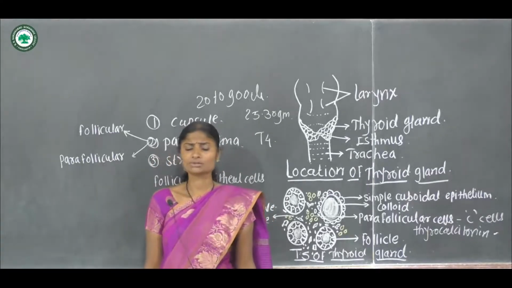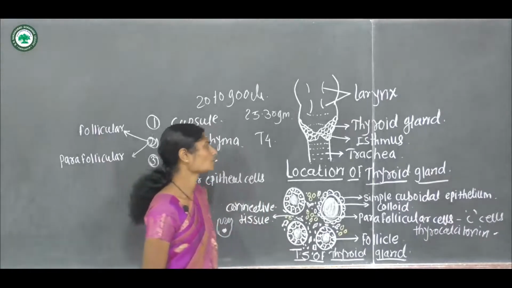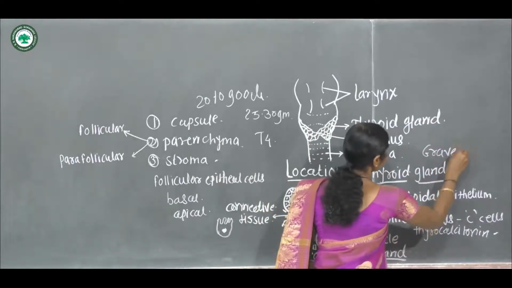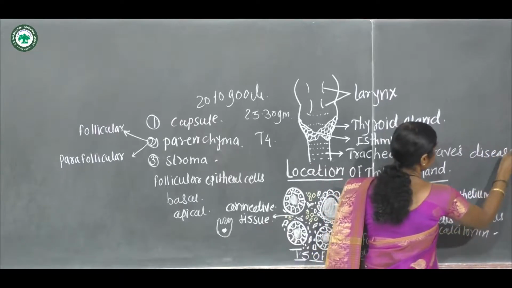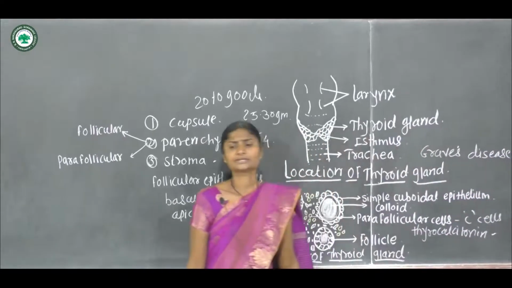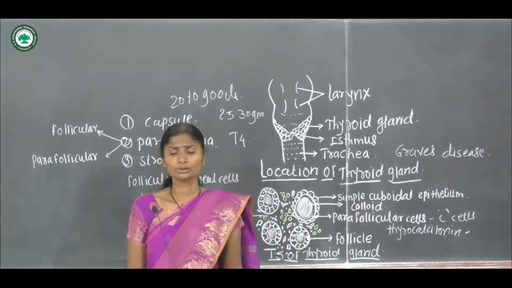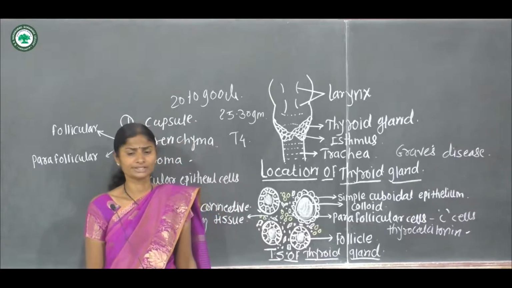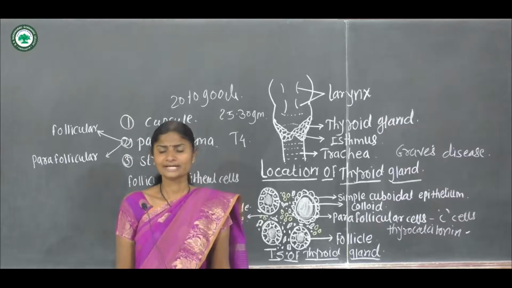This condition is called exophthalmic goiter, also called Graves' disease. The thyroid gland is a unique endocrine gland because it stores a large quantity of hormone secretion in the form of colloid.